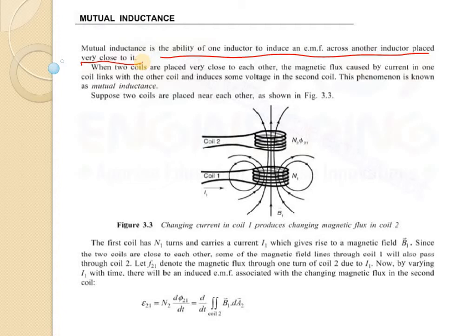When two coils are placed very close to each other, the magnetic flux caused by current in one coil links with the other coil and induces some voltage in the second coil. This phenomenon is known as mutual inductance.